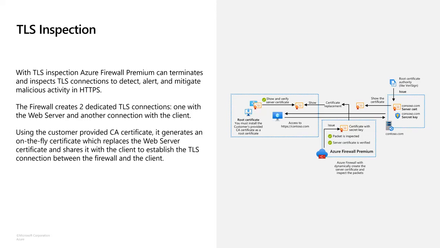With the help of this TLS inspection feature, the firewall forms a tunnel between the client and the server separately. Instead of presenting the server certificate, the firewall presents its own certificate to the client, so that the client can verify and trust this certificate as long as the root certificate is installed at the client level.